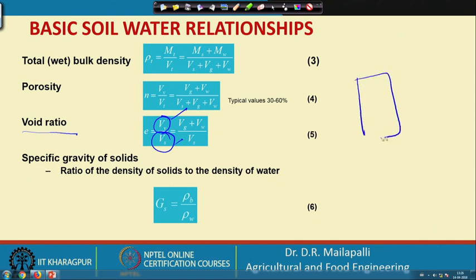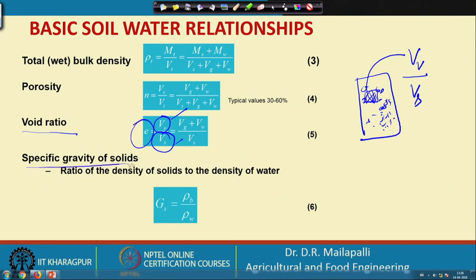Suppose you have soil which has soil particles, and this is the void, which does not contain any solid particles. This is VV, the volume of void, divided by all the soil particles combined, which makes the volume of solids. So, this will give the void ratio e.